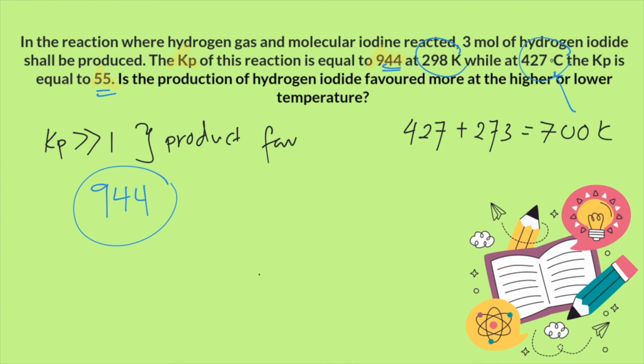At 700 Kelvin, the Kp is 55, but at 298 Kelvin, the Kp is 944. So it is obvious that the bigger Kp is when you are using the lower temperature to undergo this kind of reaction. So the production of hydrogen iodide is favored more at lower temperature.